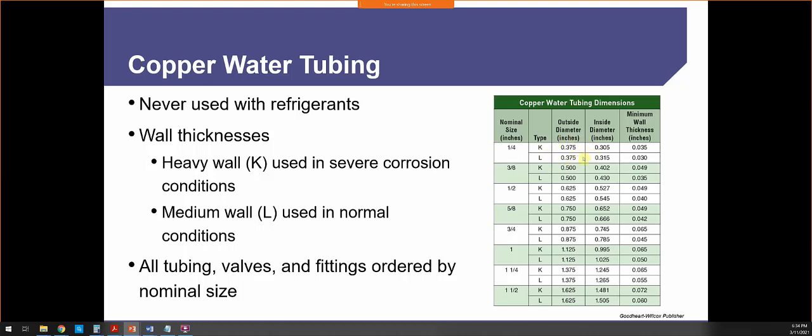So the wall thickness does take up a little bit of the inside diameter on the type K. Okay, and of course there's our difference, the 0.35 versus the 0.03. So, all right, let's move on.